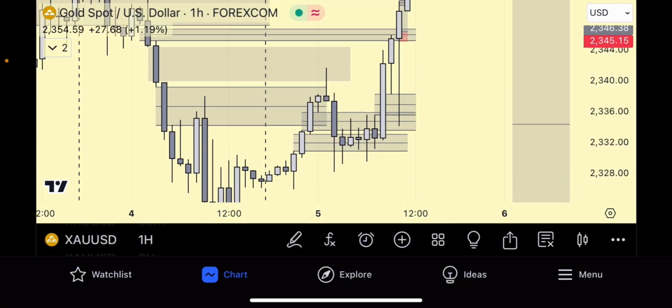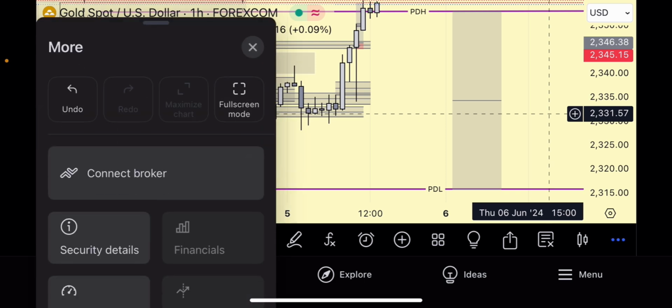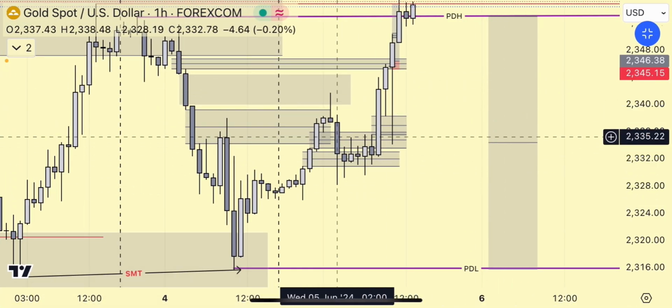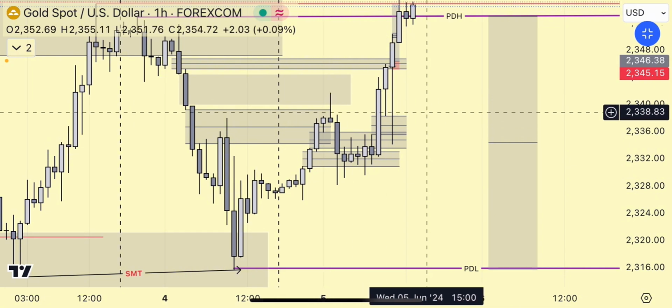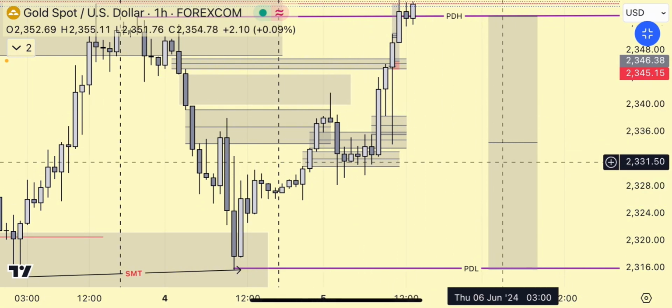So we are having the premium and the discount. Premium price here, discount price here. Price traded to the premium and rejected down to the discount, more like price going up, down, up. You can call it ranging, right?